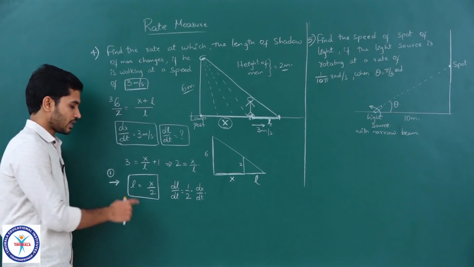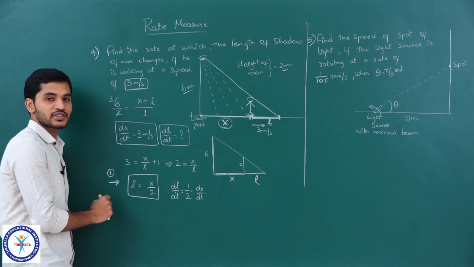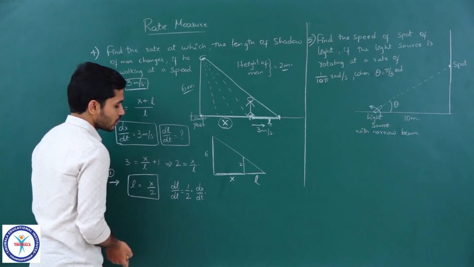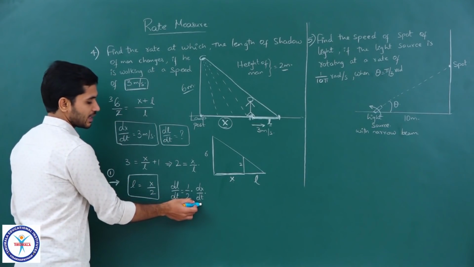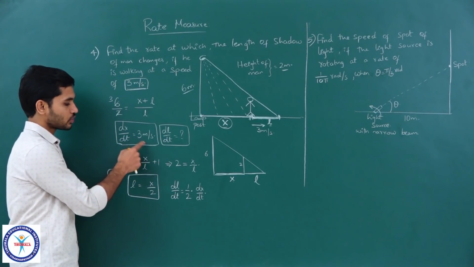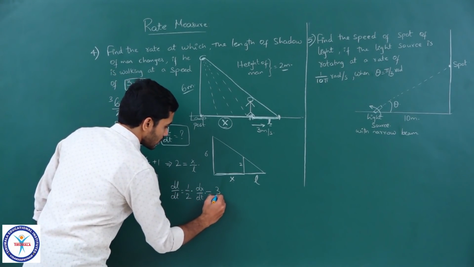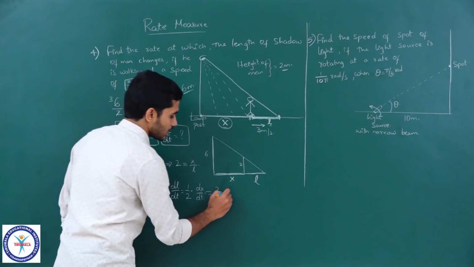Correct, students? dL by dt is equal to 1 by 2 into the differentiation of x with respect to time. So that is it. We have the value of dx by dt here. We need to find the value of dL by dt. So when I substitute 3 here, I get 3 by 2. So the answer for this will be 3 by 2 meter per second.